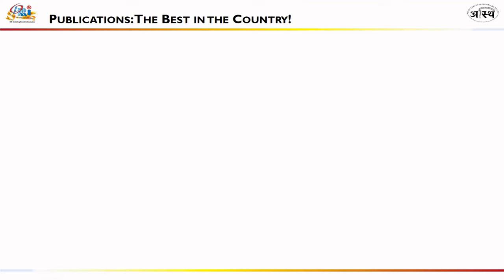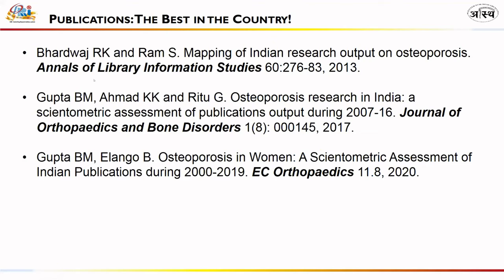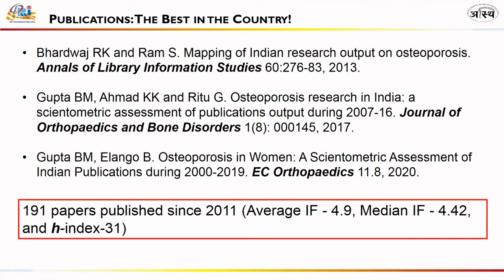Now, our country, our center is actually, according to these three research articles, starting from 2013 all the way up to 2020, consistently the CDRI scientists, ASTHI investigators, are the most productive and highly cited authors in osteoporosis and bone health.